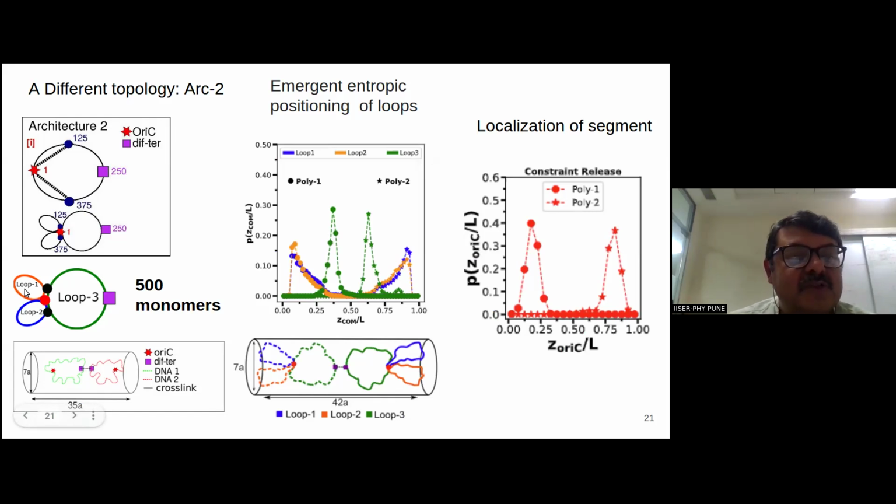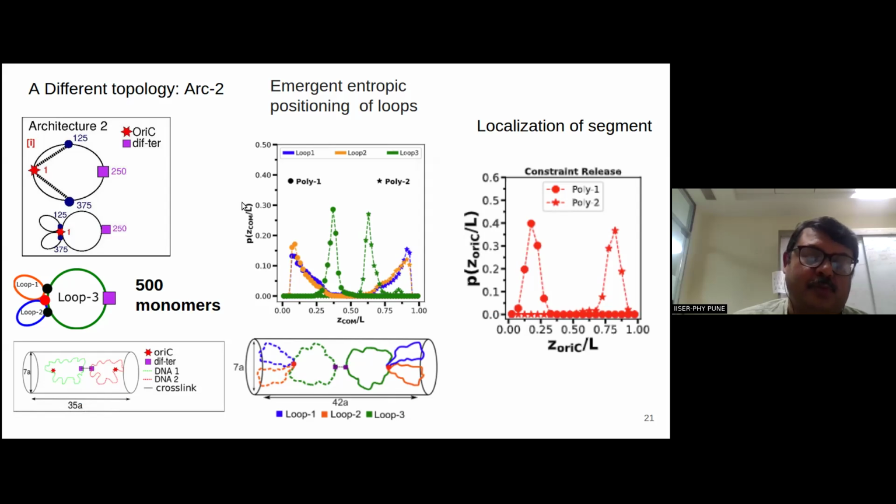And now we look at how these different loops are organized. Then you'll see that if you have this configuration and this high confinement, these polymers will be organized like this. These two small loops will have a tendency to overlap.